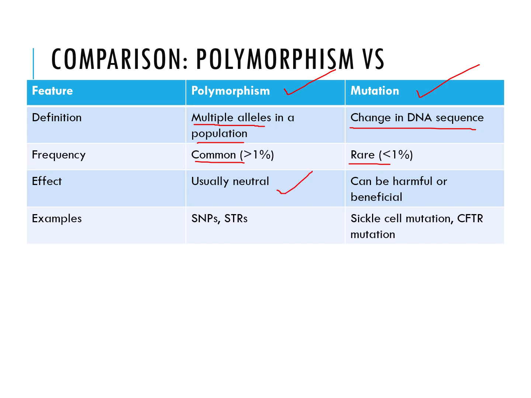Polymorphism is usually neutral, but mutation can be harmful. Example: single nucleotide polymorphism, and in mutation, sickle cell mutation. So these are the various comparisons of the two topics today: polymorphism and mutation.